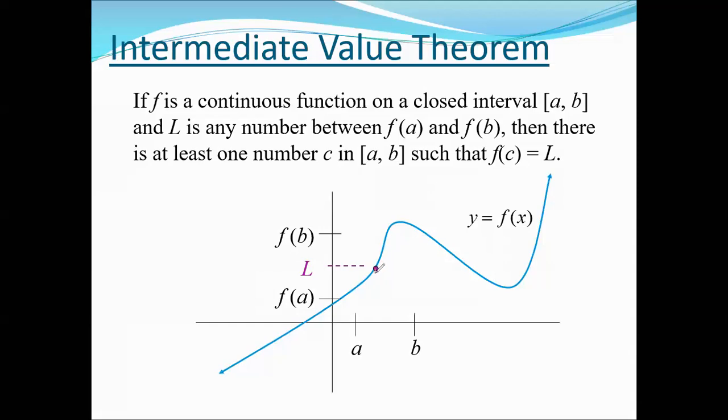That is simply this. For this L, we get a point in between a and b. Clear? So the function assumes every value in between f of a and f of b whenever it is continuous in the closed interval [a, b].